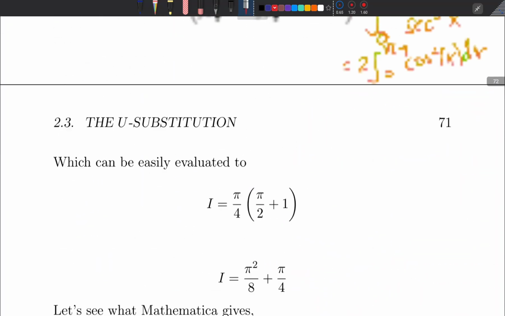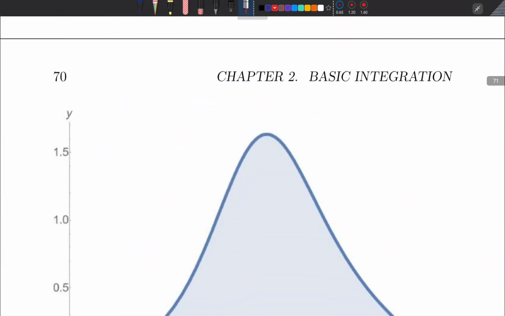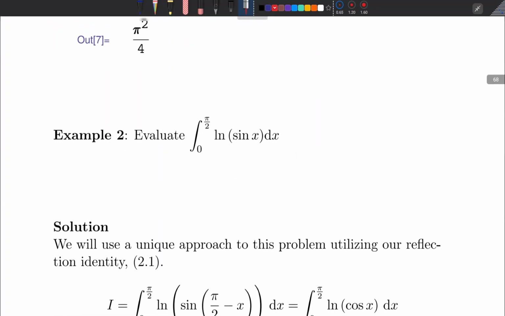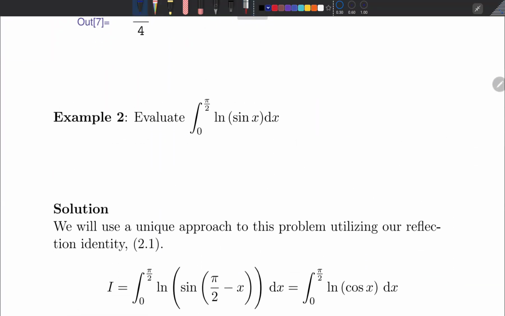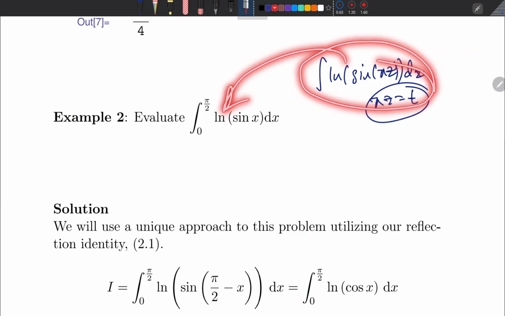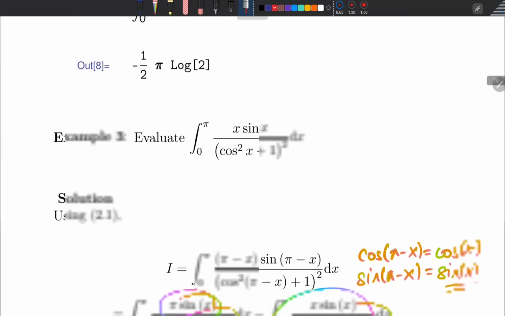For that case we had the integral of natural logarithm of sine of pi z dz. So you have to put pi z equals t, and that's how you get back to this point. Let me show you that.